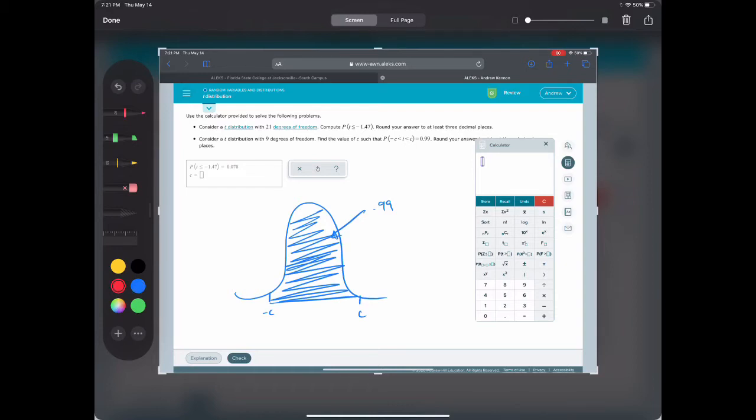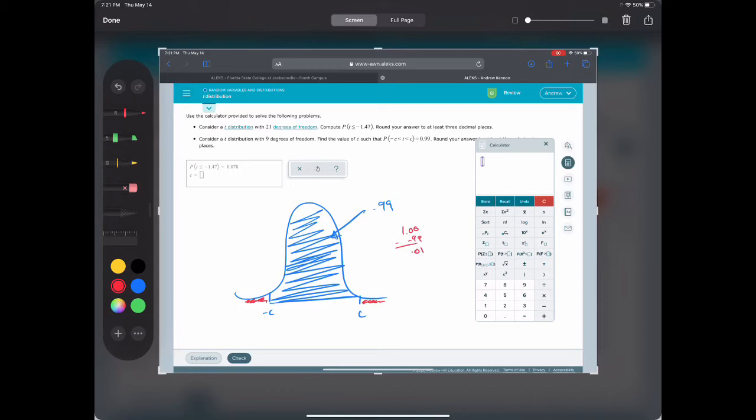One way to look at this is to look at the outside. Outside here, the red area, there are 2 tails, so this would be a 2-tail test when you get to that. You're looking at where t is in between, so we're looking at the middle. If it's 0.99 here and the whole area is 1, then 1 minus 0.99 leaves us with 0.01.